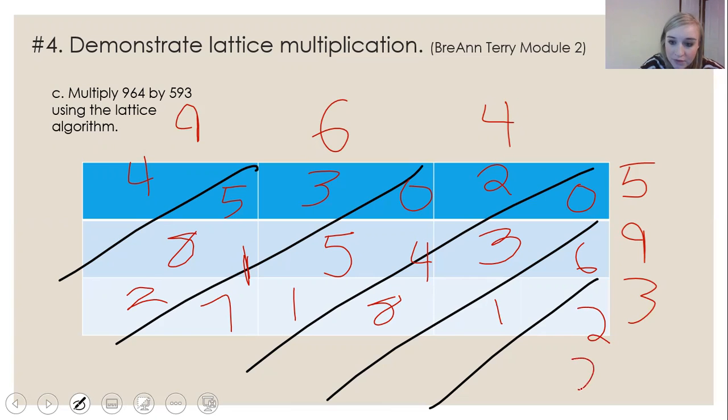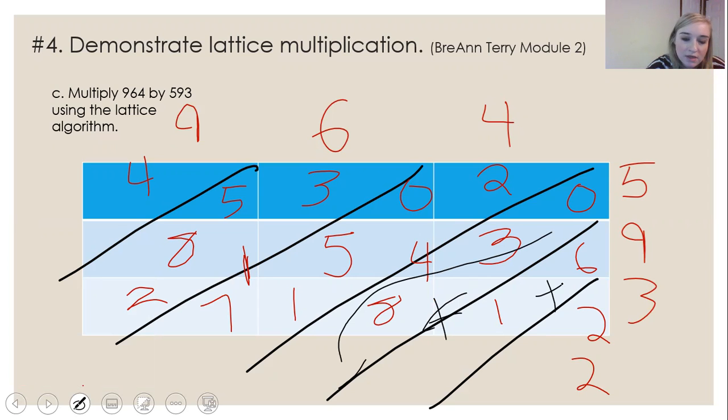So 2 is 2. We have 1 plus 6. And this line should have been not right here, it should have been more like right here. So what we're going to do is 8 plus 1 plus 6. I got the lines a little bit mixed up.